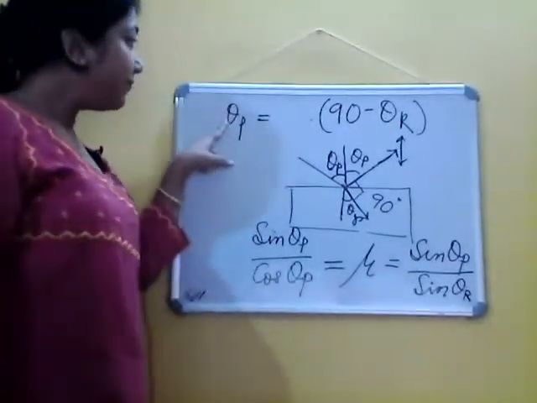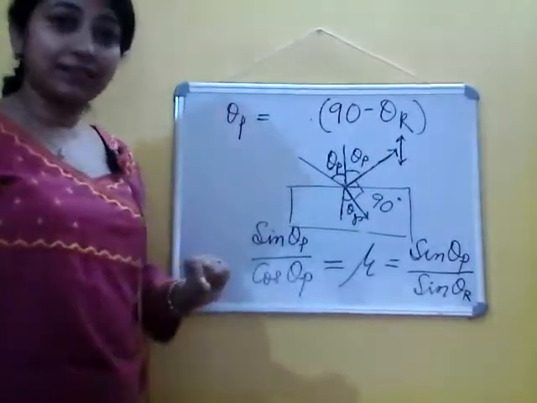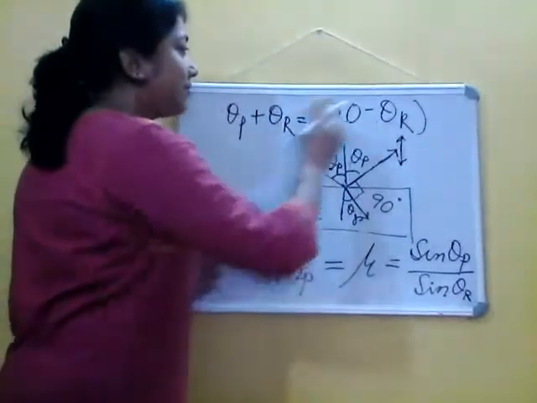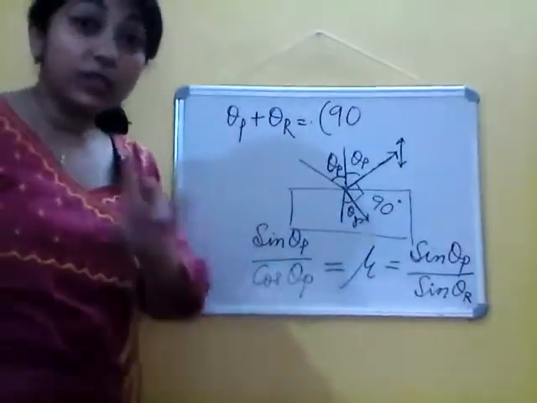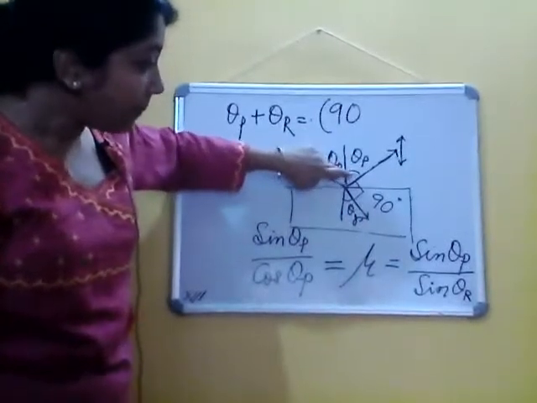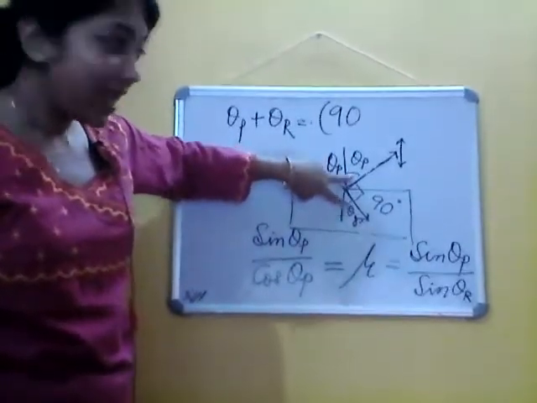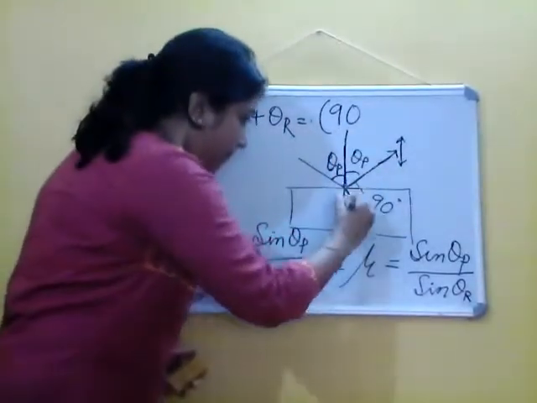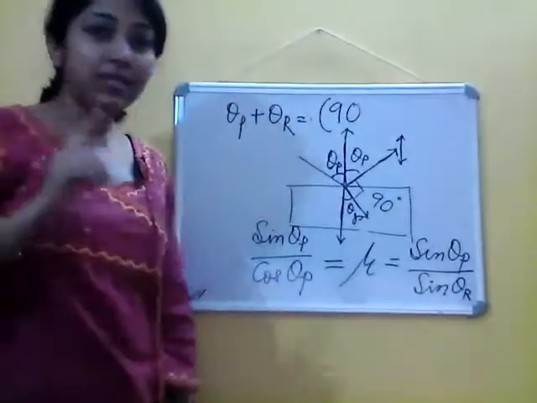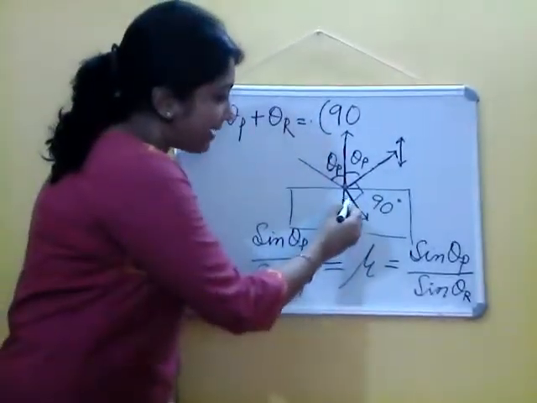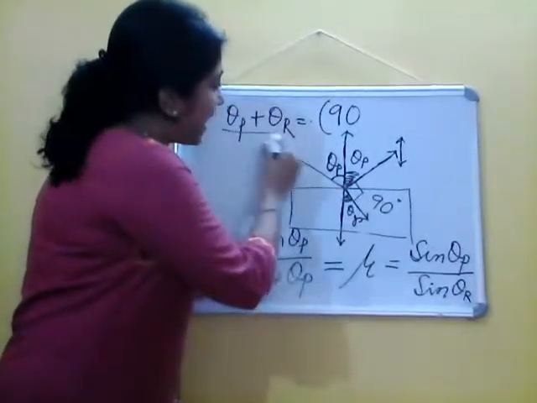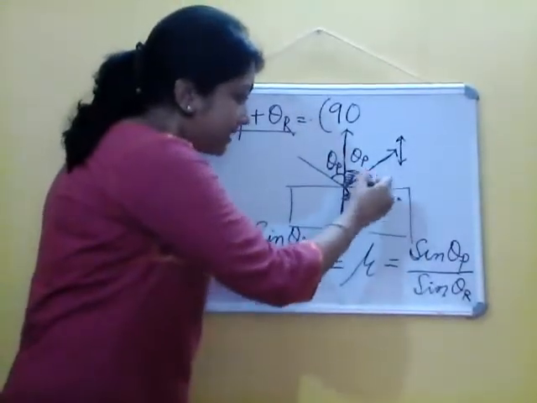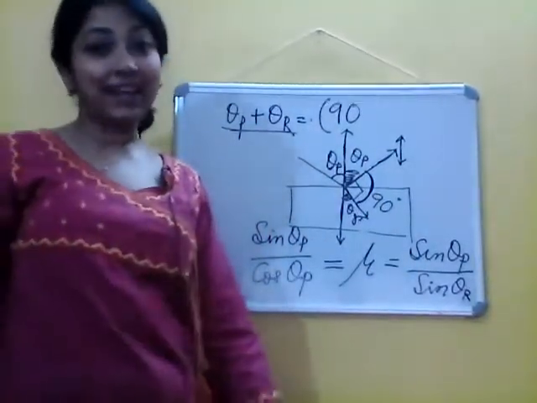Now please note down, if theta p is equal to 90 minus theta r, what am I getting? Theta p plus theta r is equal to 90 degree, correct? Which means this angle plus this angle is 90 degree. And if you note that from here to here, the total is 180 degree, whereas this angle and this angle when added give me 90 degree. Which means what will be this angle? 180 minus 90, and hence 90 degree.